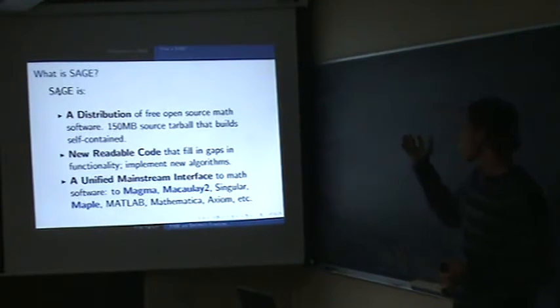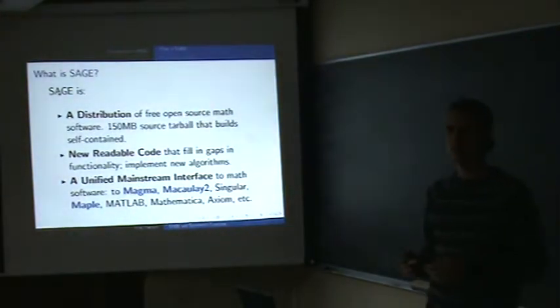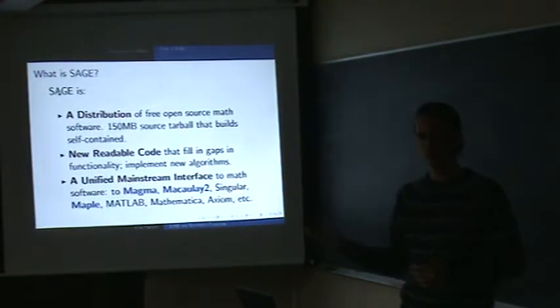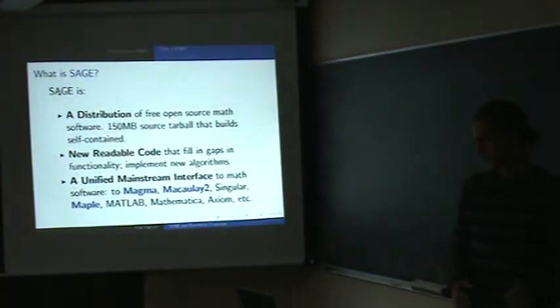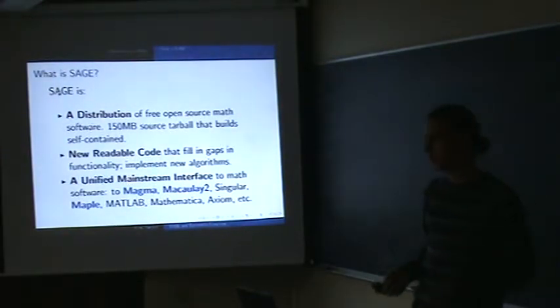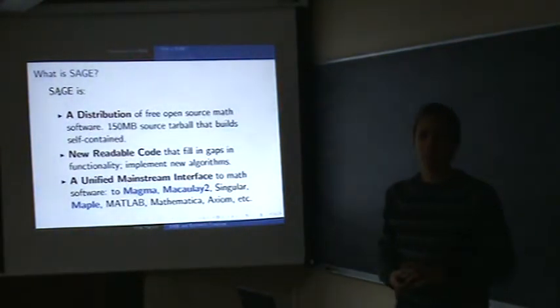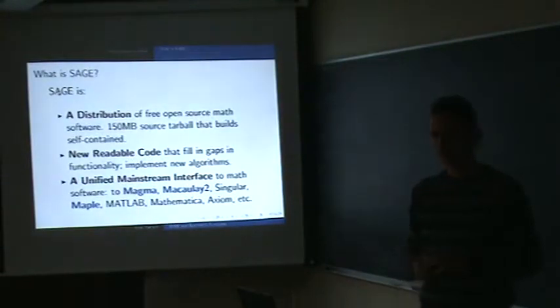If you go to the website sagemath.org, you can find a 150 megabyte file which contains the source code for all of these programs. It's pretty easy to build, takes maybe about an hour or so on a modern computer, and will give you Sage.